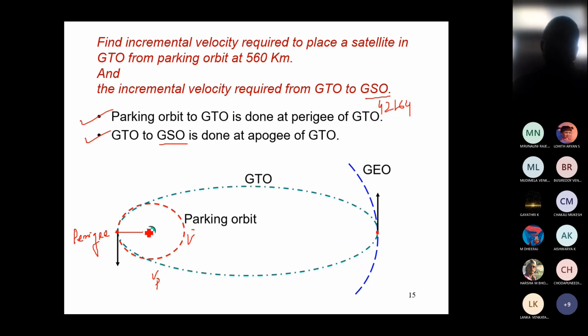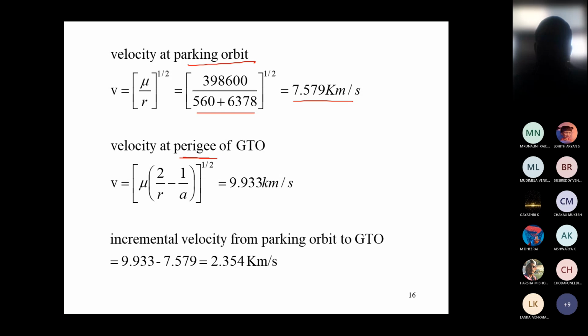That means it is calculated from the center of the Earth. And this A represents the eccentricity. If you find out, you will get this value.